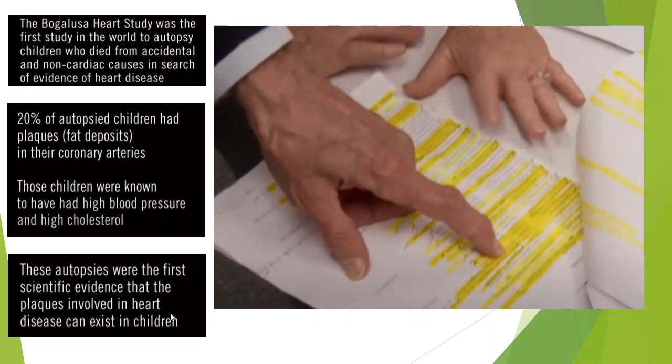Why does blood pressure rise? Does anyone know why blood pressure rises? Anybody have an idea? Why is the blood pressure going faster? What's happening in the heart? It's working harder.